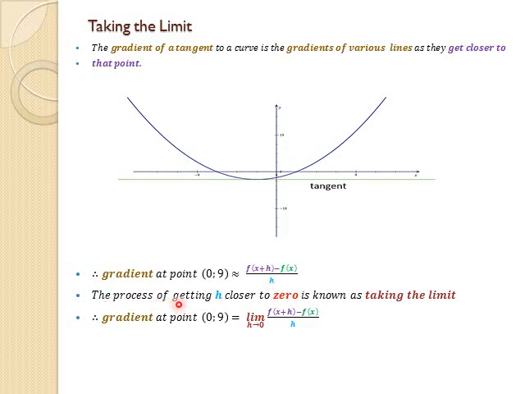The process of getting h closer to 0 is known as taking the limit. So the gradient at point (0, -9) equals the limit as h tends to 0 of f(x + h) minus f(x) divided by h. This is referred to as my first principle equation.